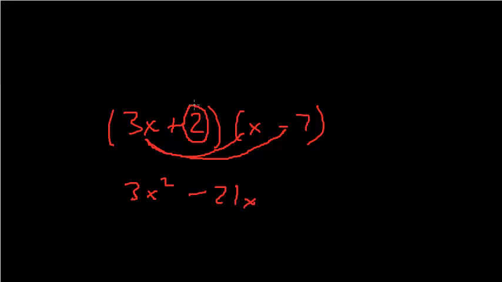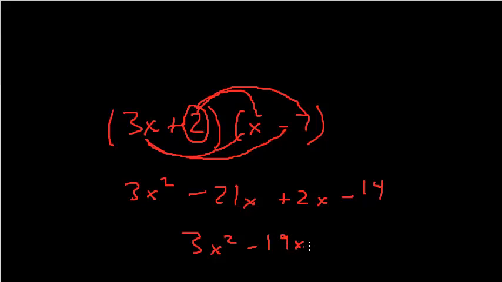Then I go to my 2 times x gives me a positive 2x, and 2 times negative 7 gives me a negative 14. I then combine my like terms, so I have 3x squared minus 19x minus 14. And that now is the product of those two binomials.